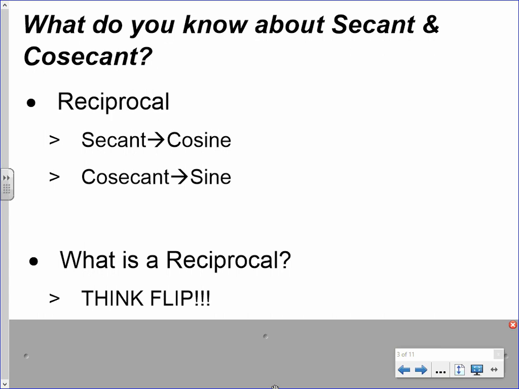Basically what we're going to do, welcome back, is we're going to take our values on our sine and cosine curve. We're going to figure out what they are, and we're going to flip them to make them fractions, okay? However, we have an issue. Is it possible that sine or cosine can be 0?